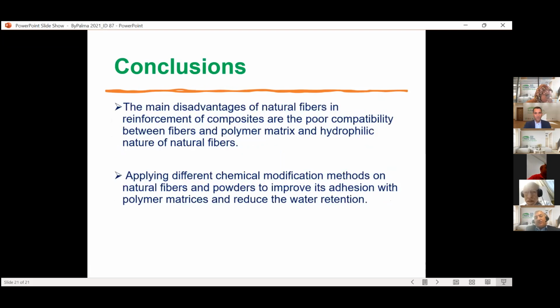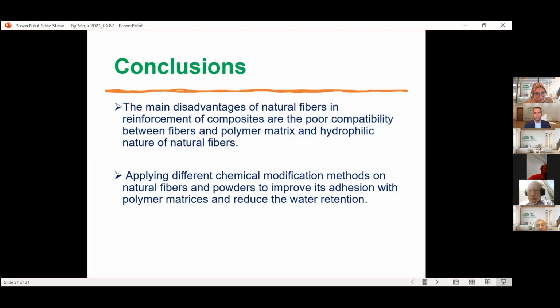Nowadays, we work on two main things: to enhance the compatibility between these fibers and the polymer matrix, specifically talking about biodegradable materials, and to work on the hydrophilic nature of these natural fibers, again to improve the thermal conductivity, since it is a function of the moisture content in general.